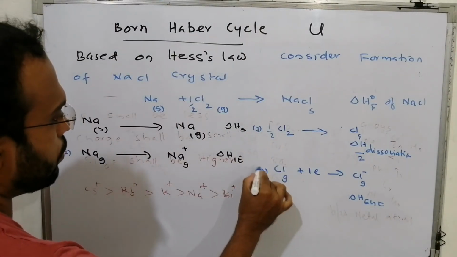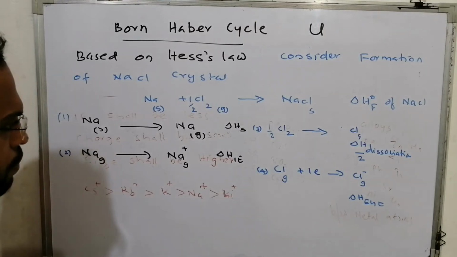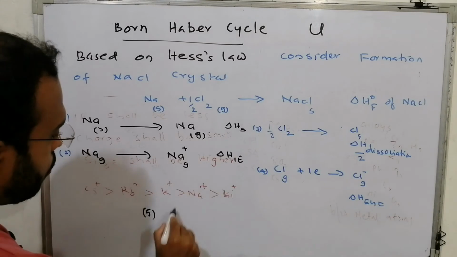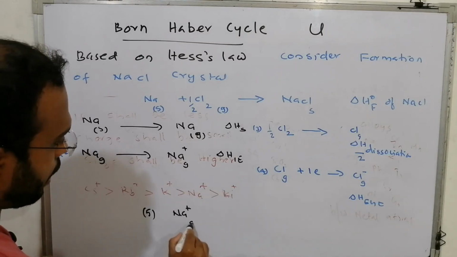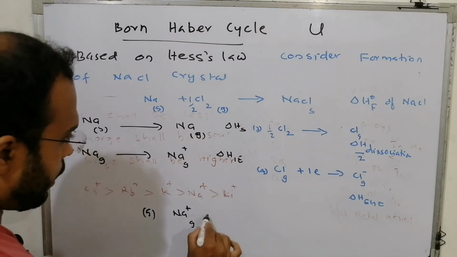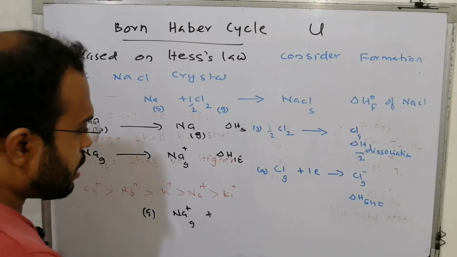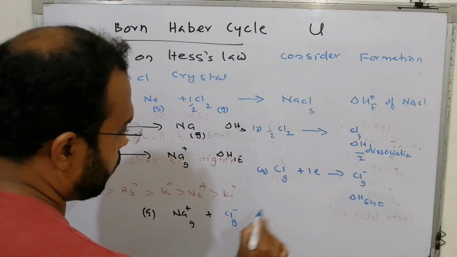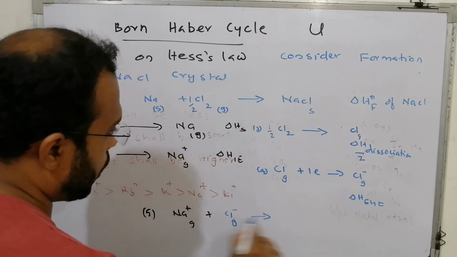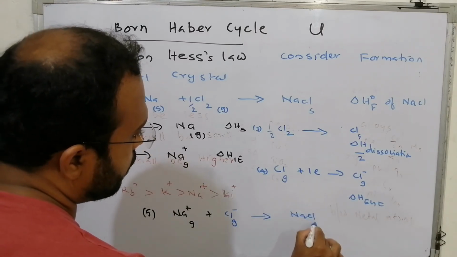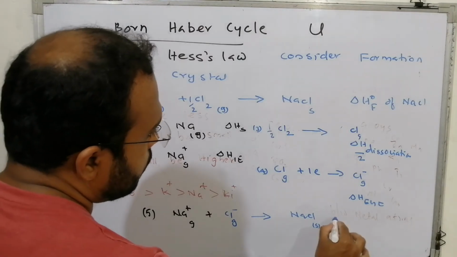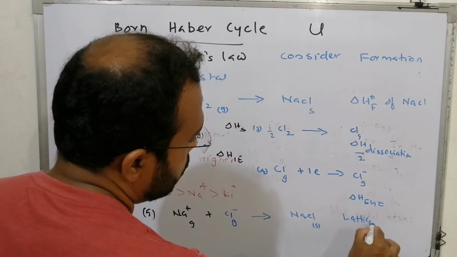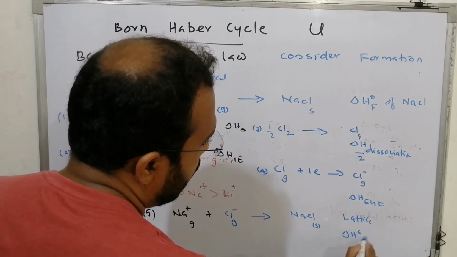This is the fourth step. Now, in the fifth step, you take your Na plus gas and Cl minus gas, and join them. Both are 1 mole. You get sodium chloride crystal, solid. This is called lattice energy, or enthalpy of lattice.